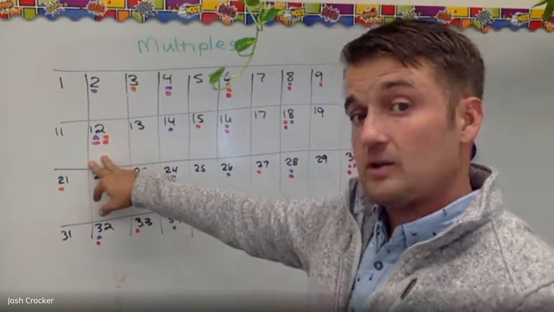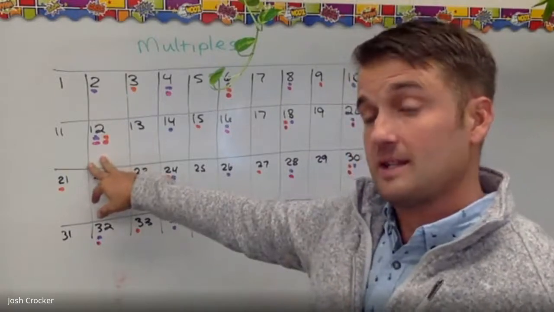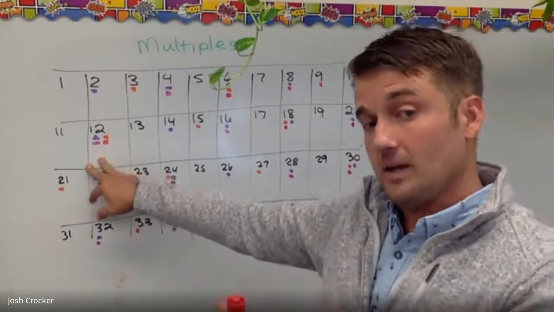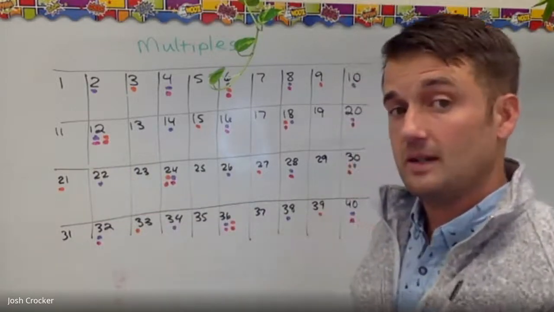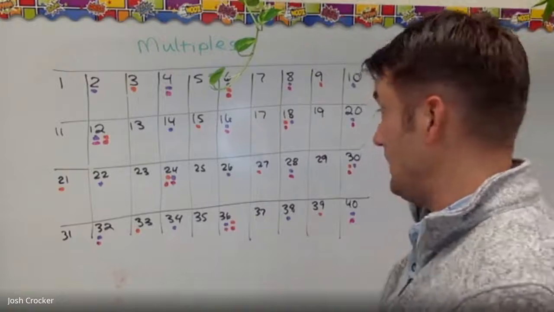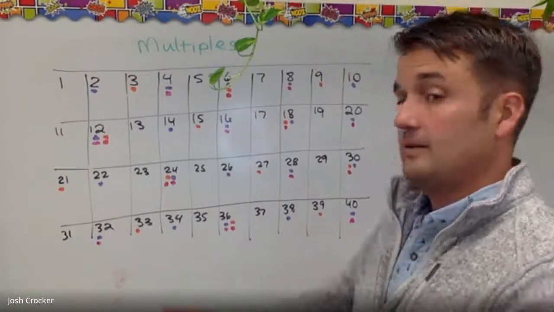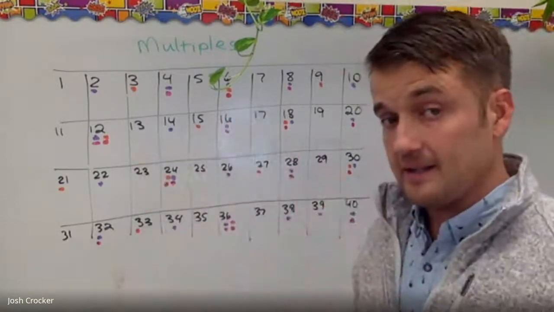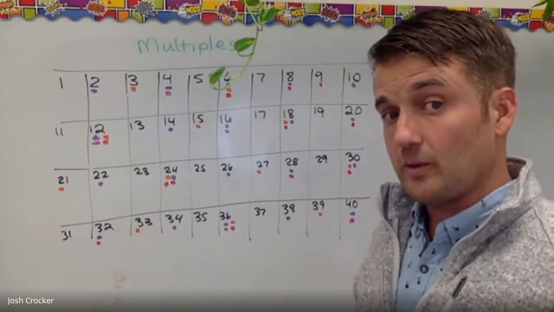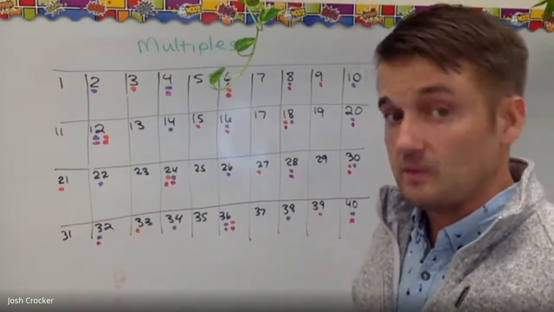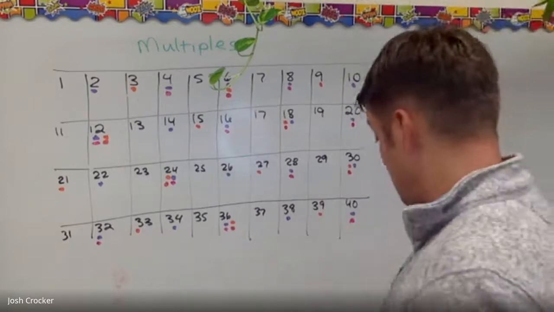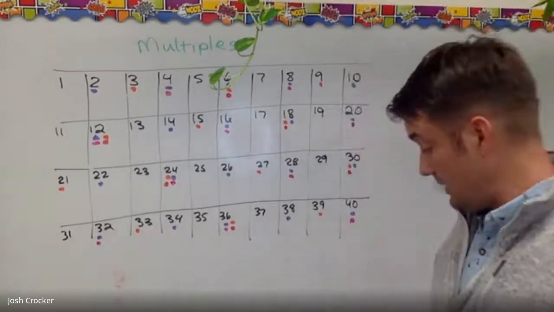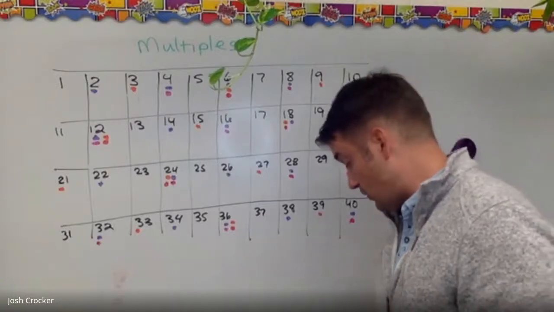When you count by those numbers, 2, 4, 6, 8, 10, 12; 4, 8, 12; 3, 6, 9, 12, you will always say 12, okay? The other way to say that is that 2, 4, 3, and 6 are factors of 12. They can be used to make 12. Okay, we've done 2, 3, 4, and 6.